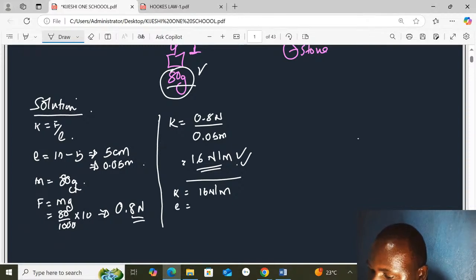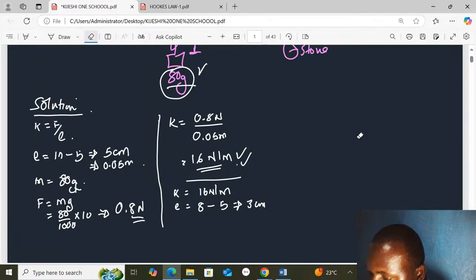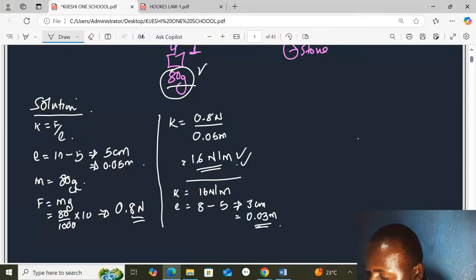In this second case it will be 8 centimeters minus 5 centimeters, which will be 3 centimeters. And in this case, the 3 centimeters will be the same as 0.03 meters.